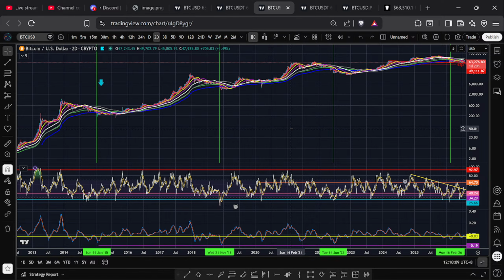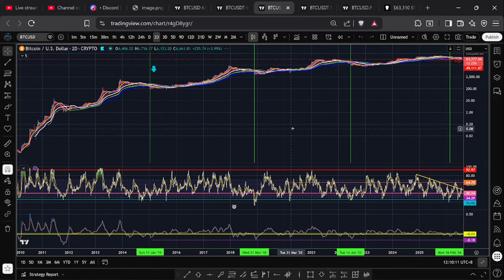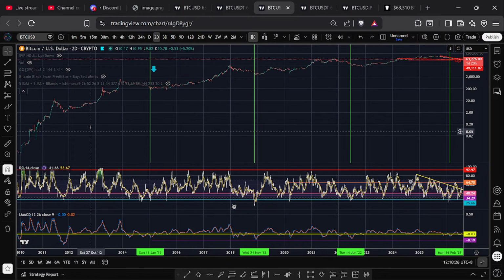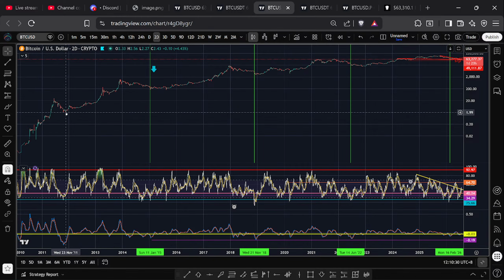Here's another indication of why a bottom could be possible, is that in all the other times at the bottoms here, let's turn this off. Okay, so we can see it touches this on the 2-day. I know I've used this on the 5-day.